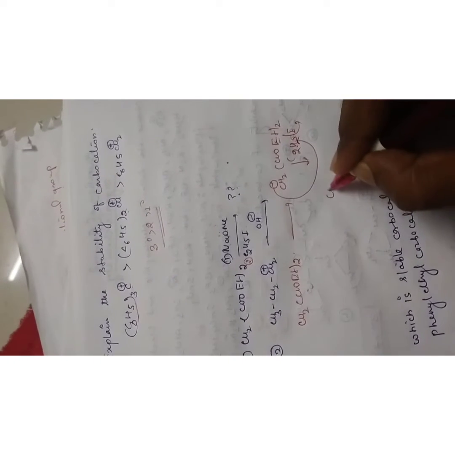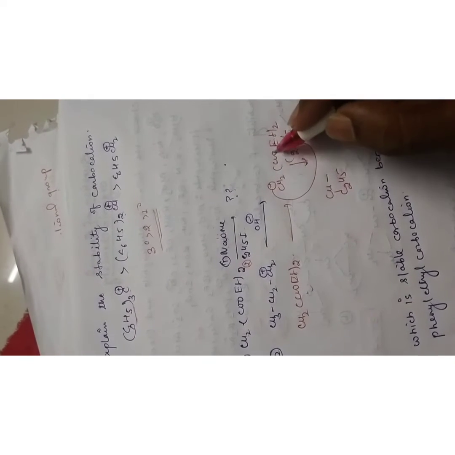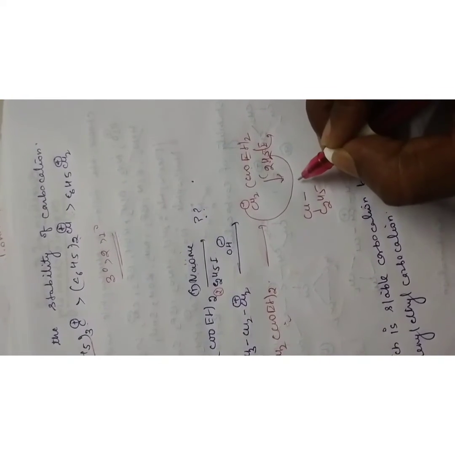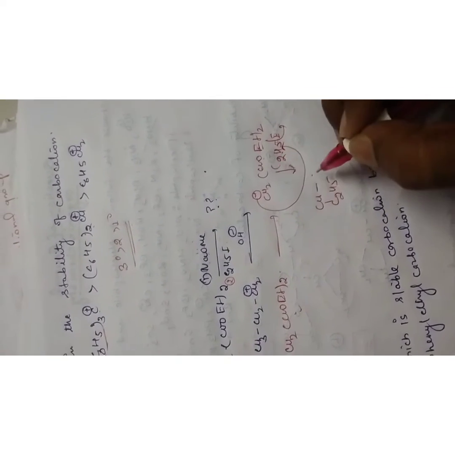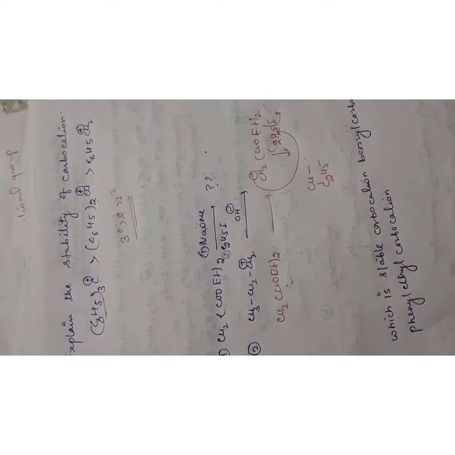Okay, so that's why your product will be the C2H5 compound, and it will be released, and the ester. Okay, this is the ester. In this type of reaction, the ester will be converted to acid.